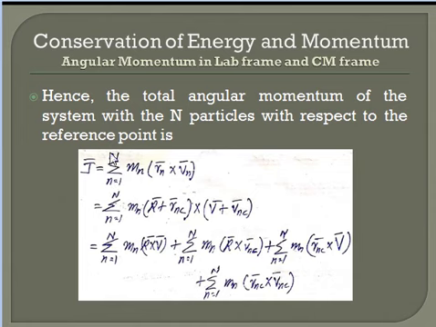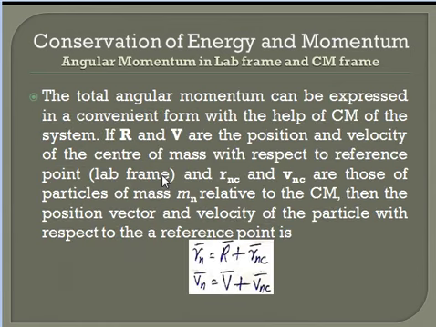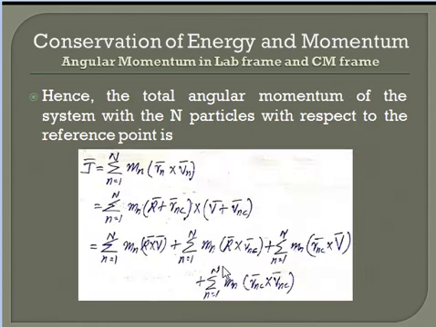If we take the summation from 1 to n, we get the total angular momentum of the system of particles with respect to the reference point in the lab frame. That is equal to the sum from 1 to n of Mn into Rn, which can be written as R plus Rnc, because Rn and Vn we have already written using this formula. So using that formula, it is capital R plus Rnc cross capital V plus Vnc.